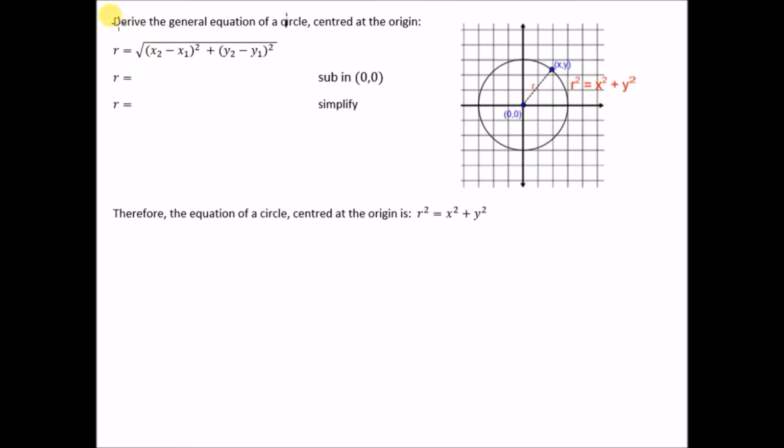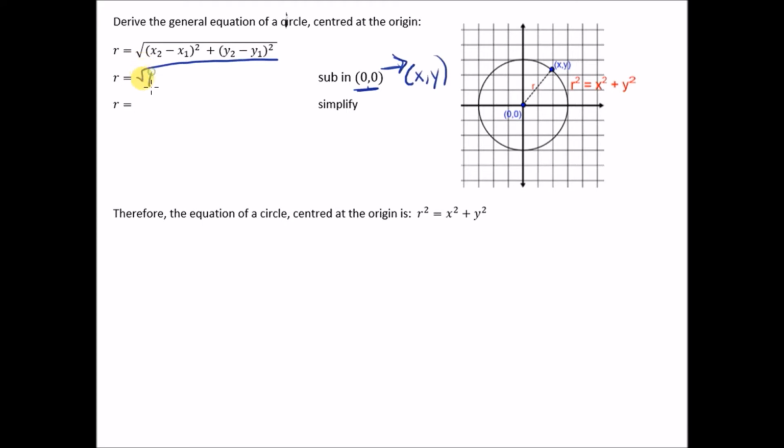Part of our curriculum is to derive the general equation of a circle. First, we want to sub in 0, 0. Instead of using x2 and x1, we can just sub in x and y. So our two points would be the origin, 0, 0, and then any point on the circle, x, y.